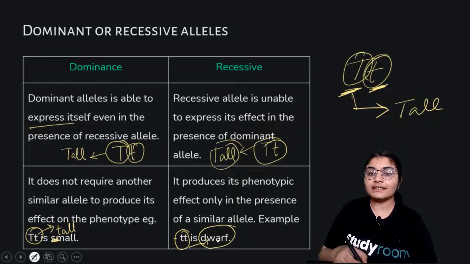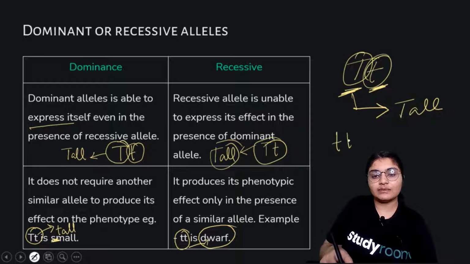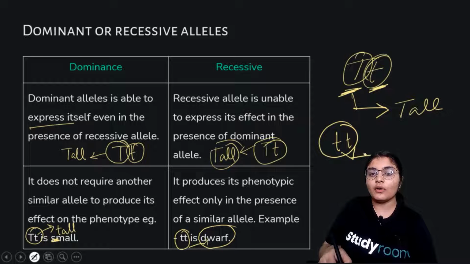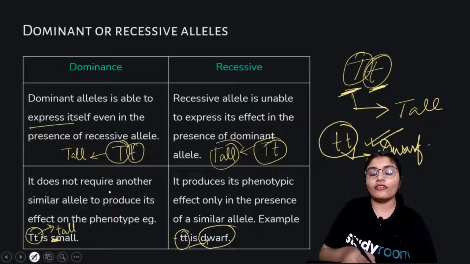So we had seen in the second generation progenies that when there was small t and small t, that is, the recessive alleles, when two recessive alleles are present, only then the recessive character, that is the dwarf character, can be seen in the plant. So this is the role of alleles, and this is how, due to the expression of these alleles, we have the dominant and the recessive traits.